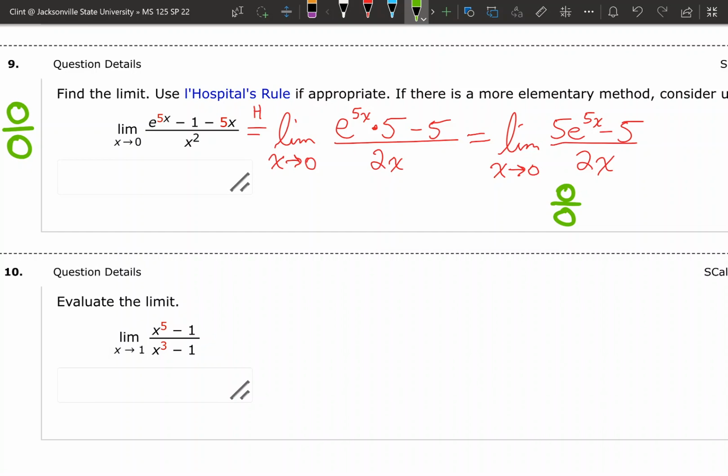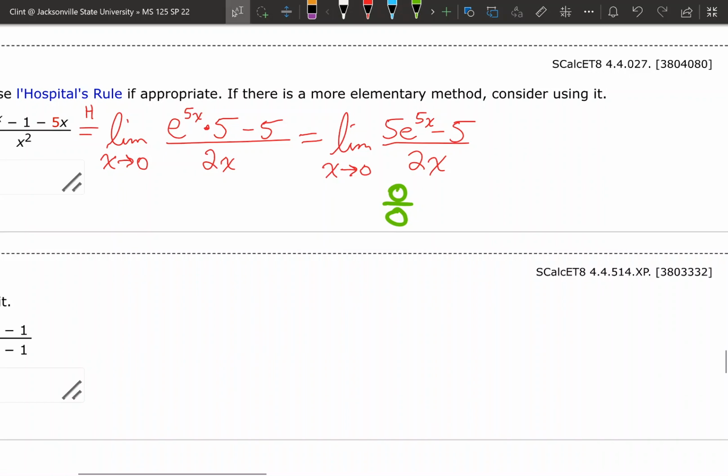Remember? Do it again. No limit on how many times we can do L'Hopital's rule. It's not always helpful to keep going, but sometimes it is. So using L'Hopital's here, we can take the derivative of the top and the bottom.